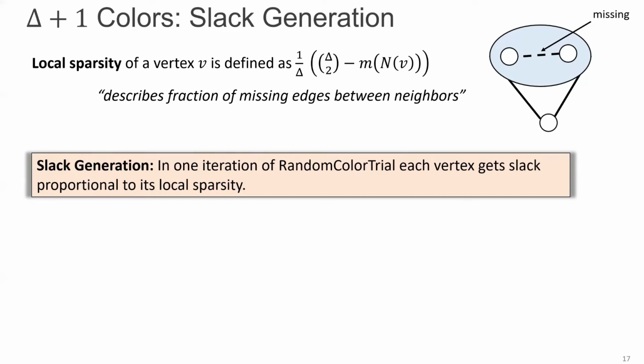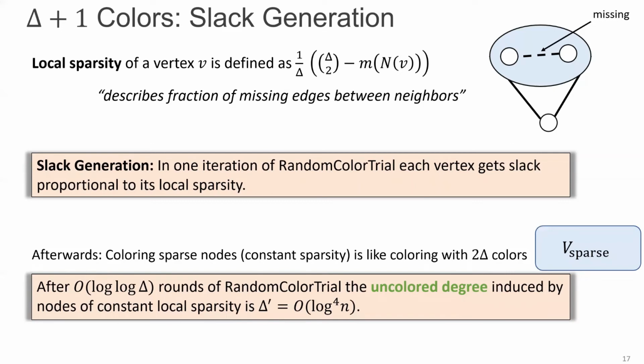And whenever this happens, your uncolored degree reduces by 2, but the number of your available colors only reduces by 1. So you get 1 unit of slack whenever this happens.